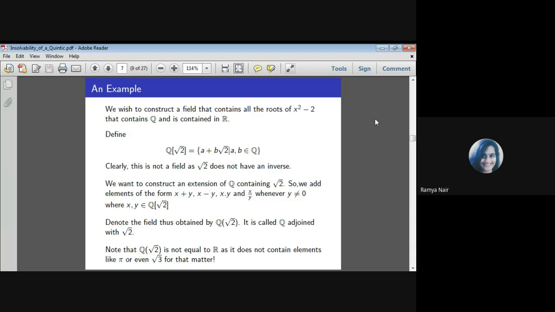At first glance, we can see that this set that I have defined is not a field, because elements like square root of 2 do not have inverses.